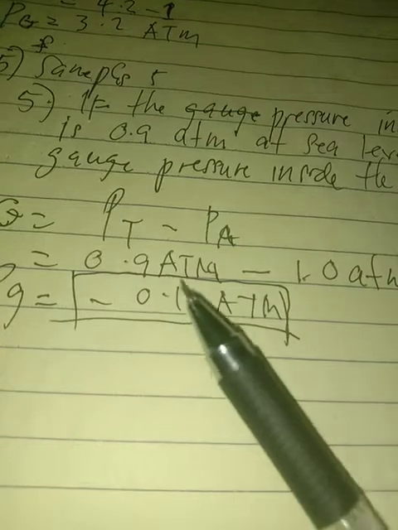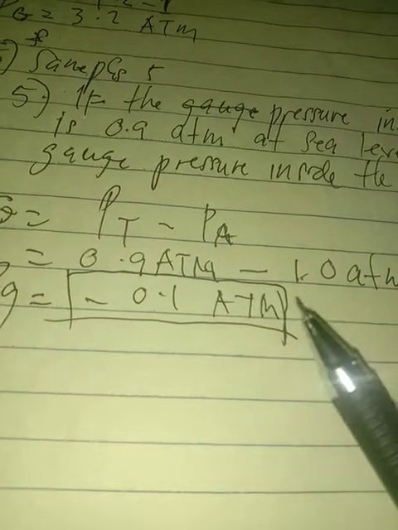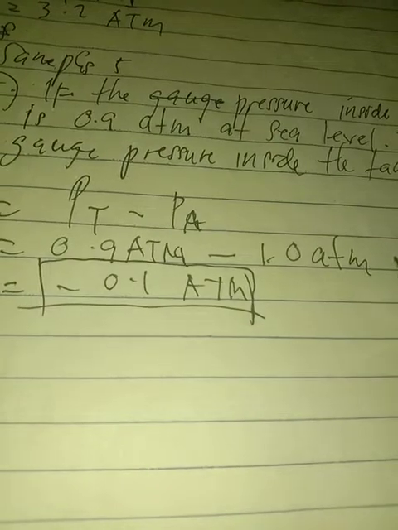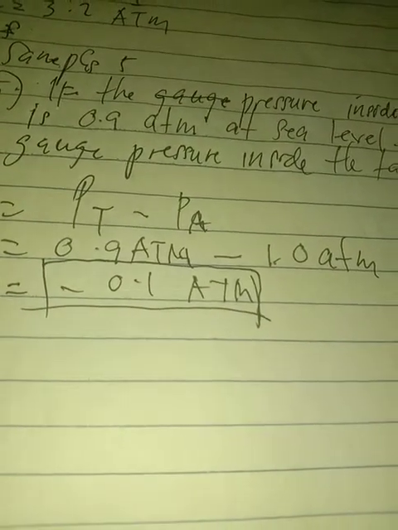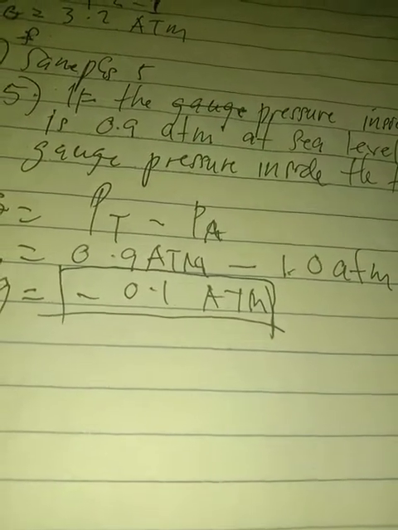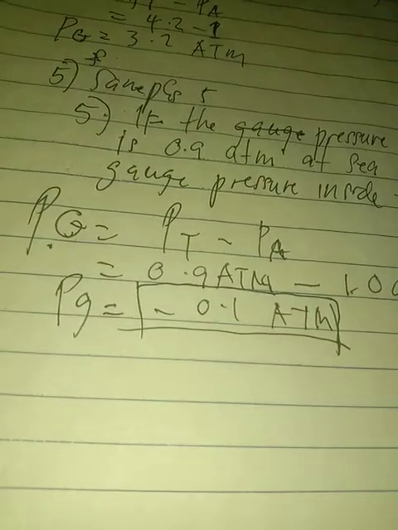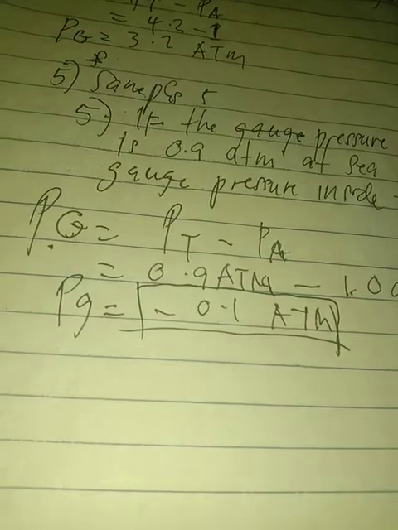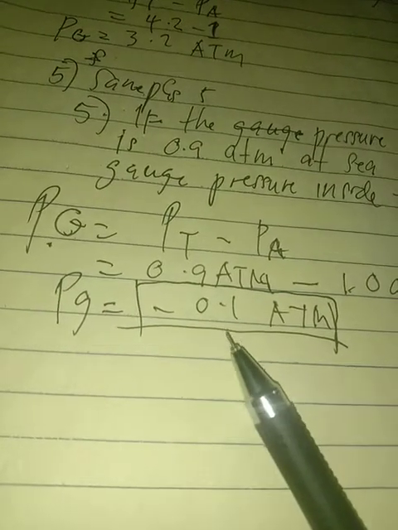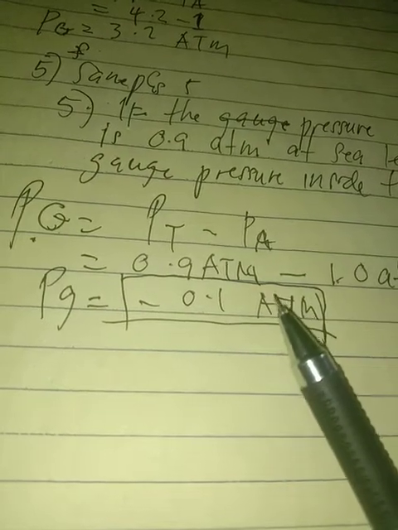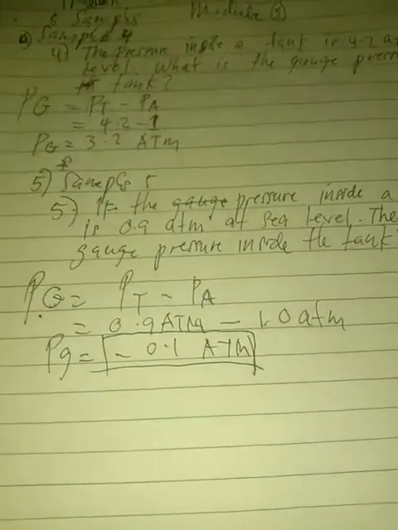Our atmospheric pressure is 1.1 atmosphere. Now we subtract, and the answer is negative 0.1 atm.